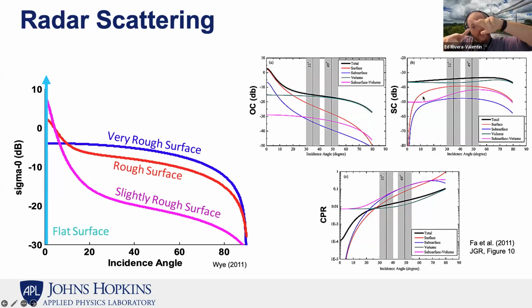And then as you transition, each of these properties changes as a function of incidence angle differently with respect to OC and SC. And now you're taking the ratio of that, and somehow that's going to be super meaningful. So the caveat there is that when you're inferring from CPR and putting these two values together when they're being affected by different things at different times, things get a little bit complicated.